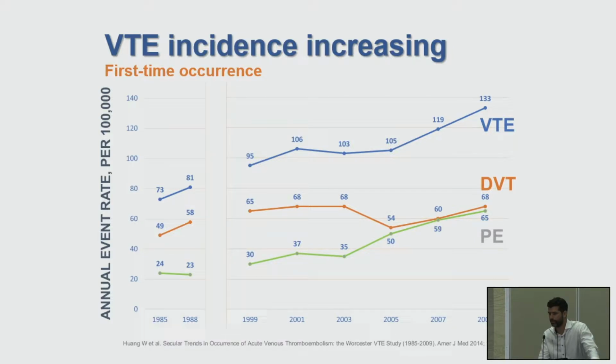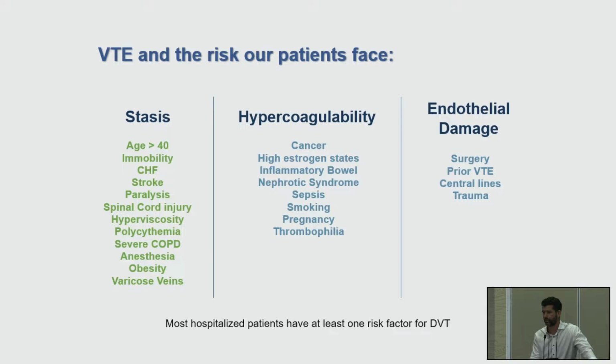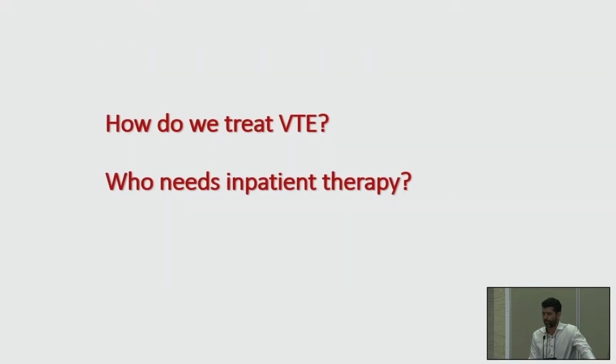It's increasing, probably due to multiple factors. These are the triad that we've noted before in other studies: stasis, hypercoagulability, and endothelial damage. These are the main pathologies behind the formation of this thrombus.